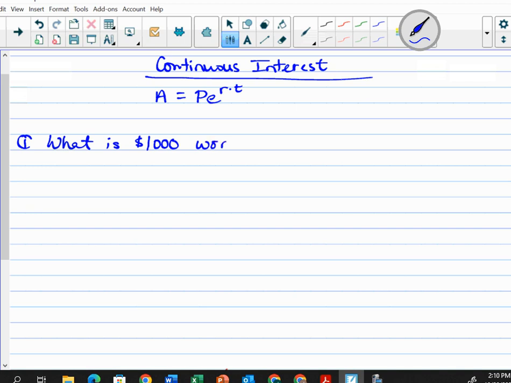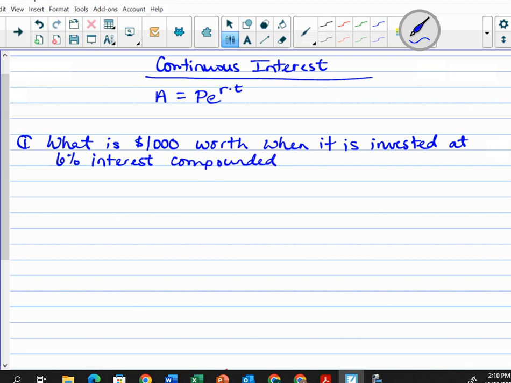What is $1,000 worth when it is invested at 6% interest compounded continuously for 3 years? Yeah, e is just a number. So e is not a variable that you're substituting anything in for here.